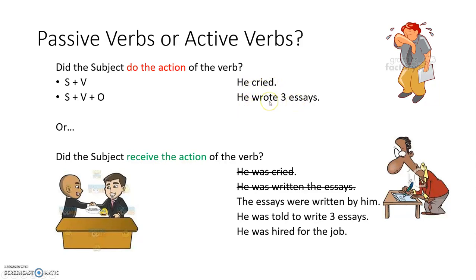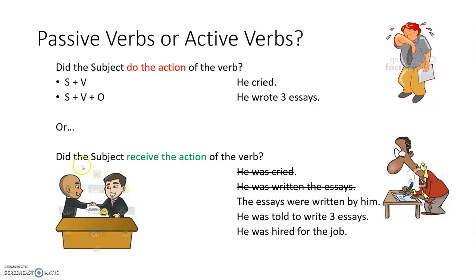In both of these cases, the subject is he, and the subject did the action of the verb. That's active voice. Probably the great majority of the sentences that you have studied and written so far have been active verbs.